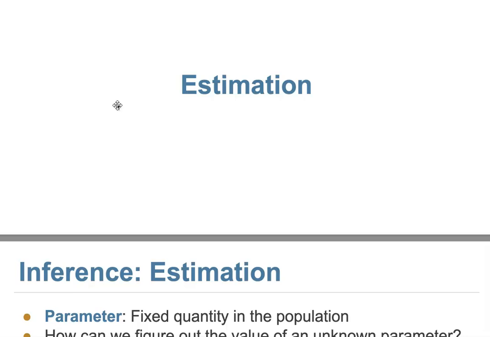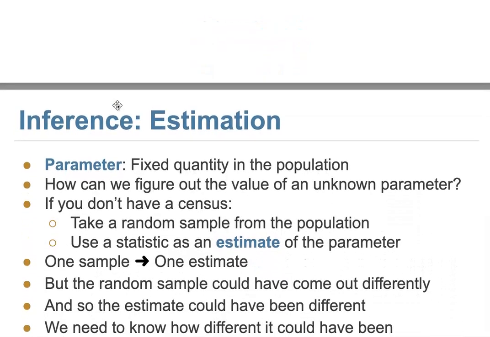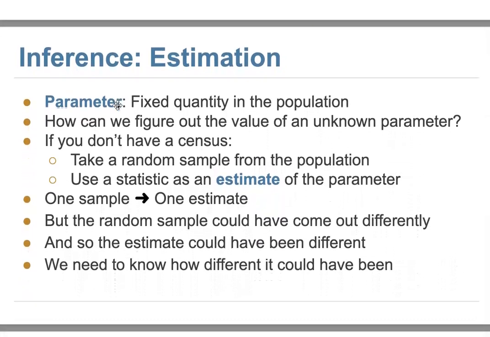From the previous lecture, we talked about estimation. Why do we need to do estimation? Because we want to estimate the parameter, which is a fixed quantity in the population. We may not be able to get that directly because of limited time and money.